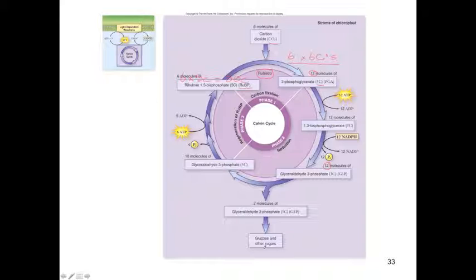At the bottom here, we have 12 molecules of 3 carbons. So we've got 12 times 3 carbons equals 36 carbons. So we can spare 6 carbons.